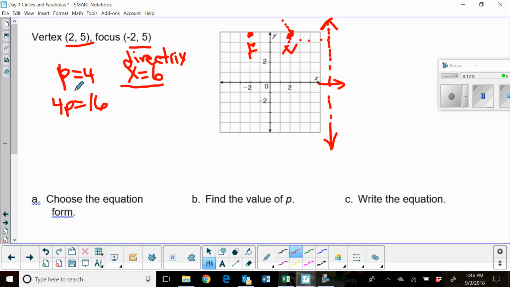But P is actually not positive, it's negative because we're facing to the left, and so that makes 4P equal to -16.